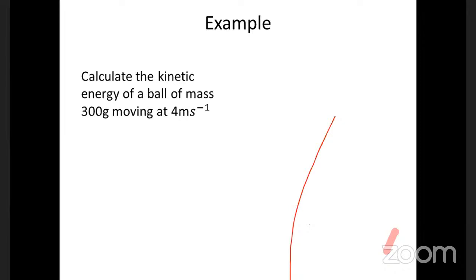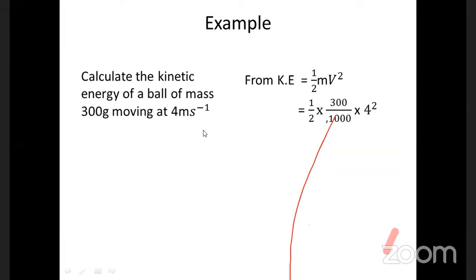So in this case, it is actually what? The velocity here. So it has to be in its SI unit. So you get 300 grams. When you convert to kilograms, you have 300 out of 1,000. So you multiply that by the square of the velocity. The velocity here is what? 4 meters per second.